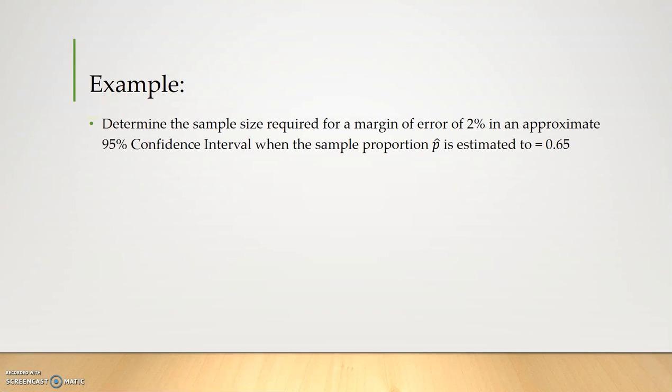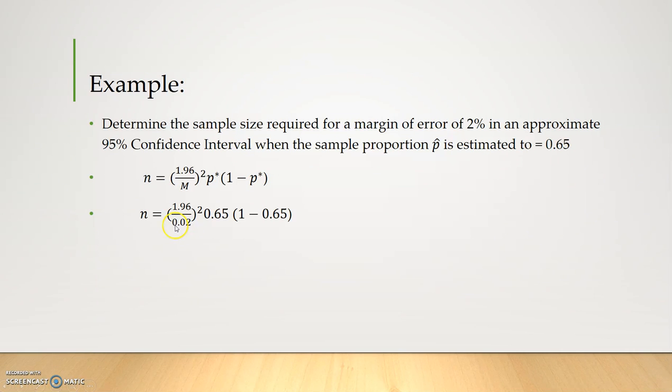Let's look at an example. We want to determine the sample size required for a margin of error of 2% in an approximate 95% confidence interval when the estimated sample proportion is estimated to be 0.65. So we're going to use the transposed formula. N is equal to 1.96 over m, the whole thing squared, times the estimated sample proportion times 1 minus the estimated sample proportion.